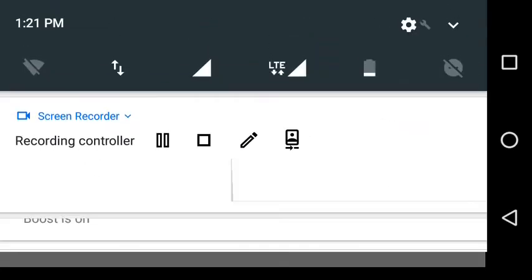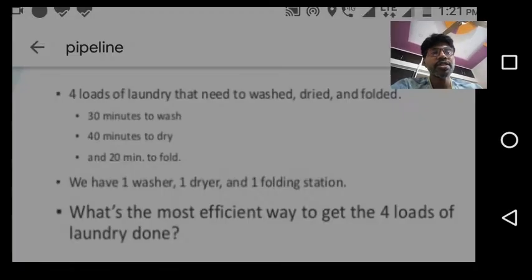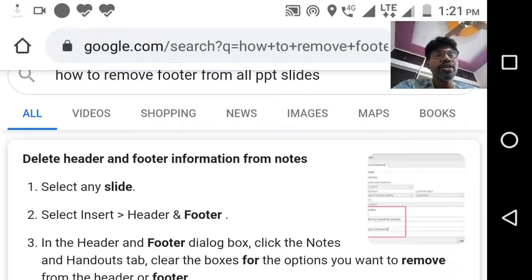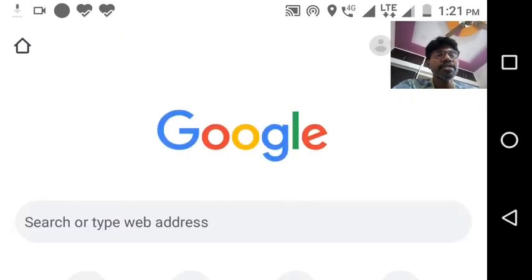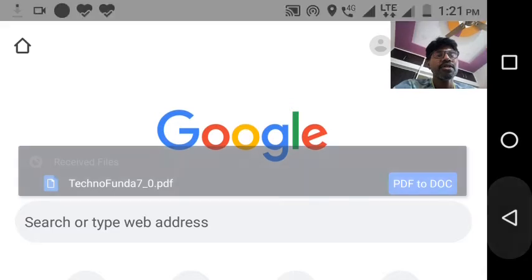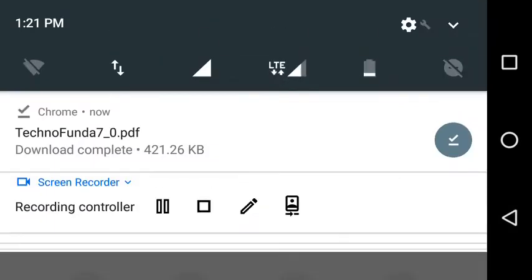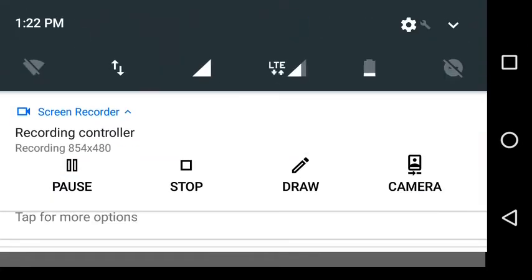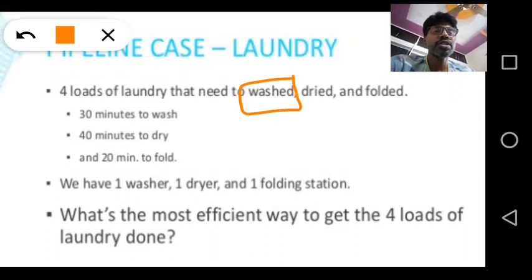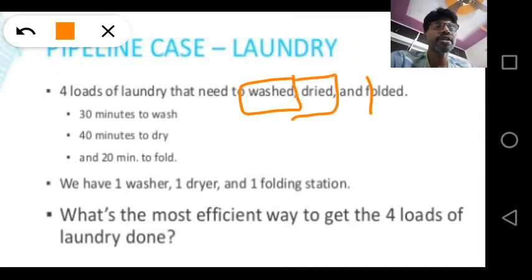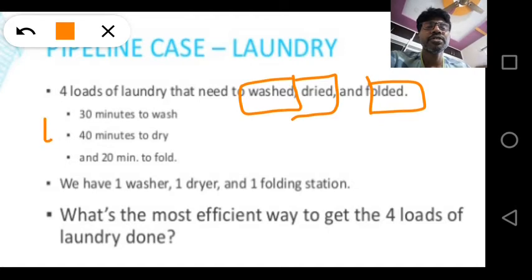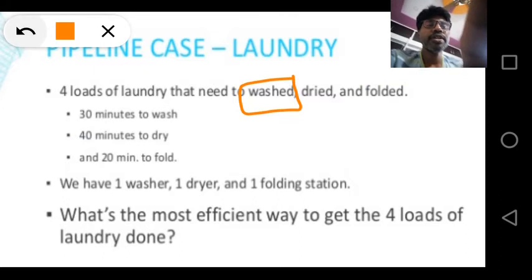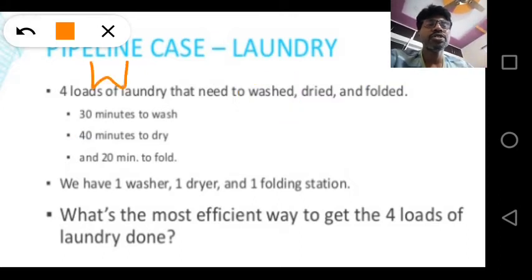So the task has been divided into 3 different tasks: wash, dry and fold.